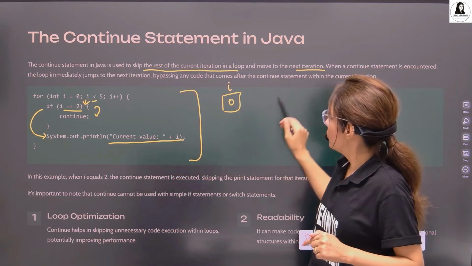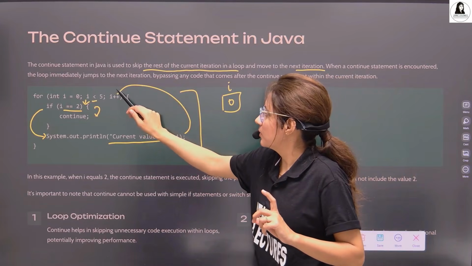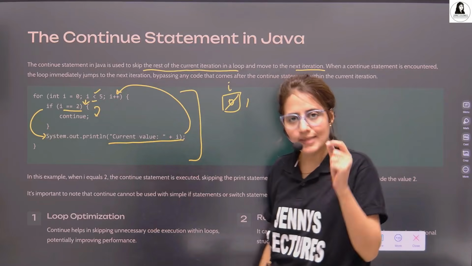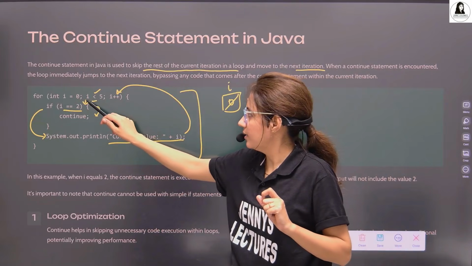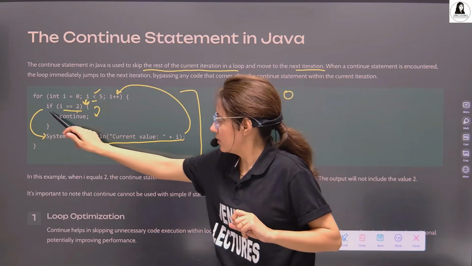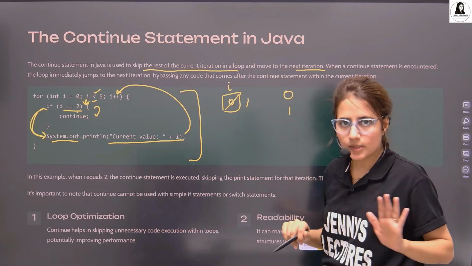So the current value, it will print 0. Now I plus plus, I becomes 1. Is this condition true? Yes, 1 is less than 5. Enter into this loop. Is this condition true? No. Fine. Whatever is there after this if, that line would be executed, that is, 1 would be printed.